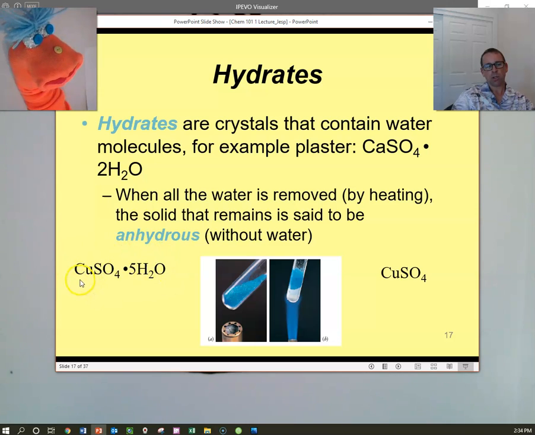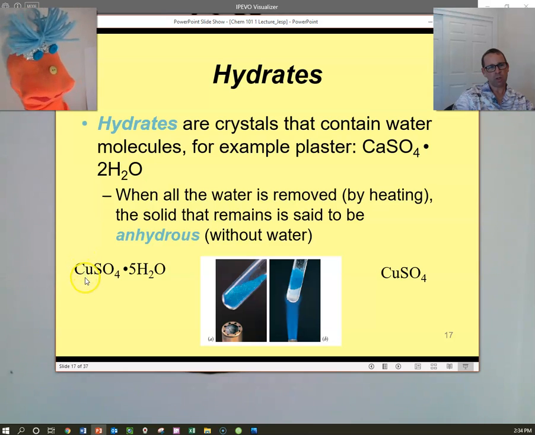It's one unit. So we call this thing copper sulfate pentahydrate, because penta is the prefix for 5. Now the dot there is to remind us that the water molecules aren't actually forming a new compound. They're just kind of collecting around the copper sulfate.